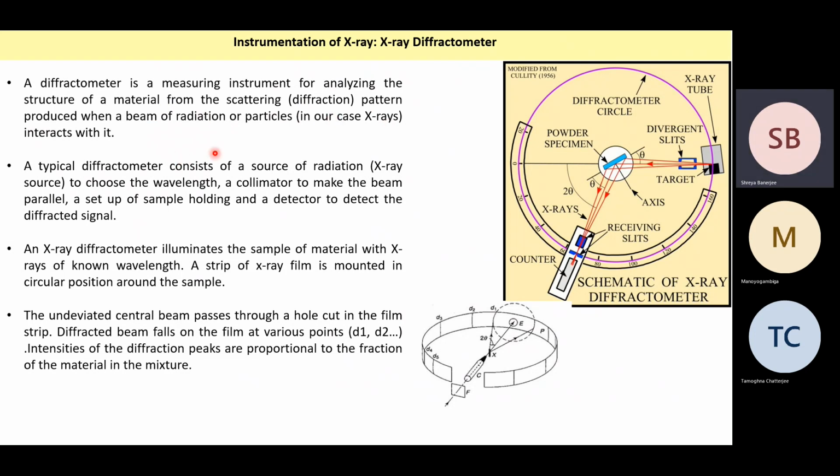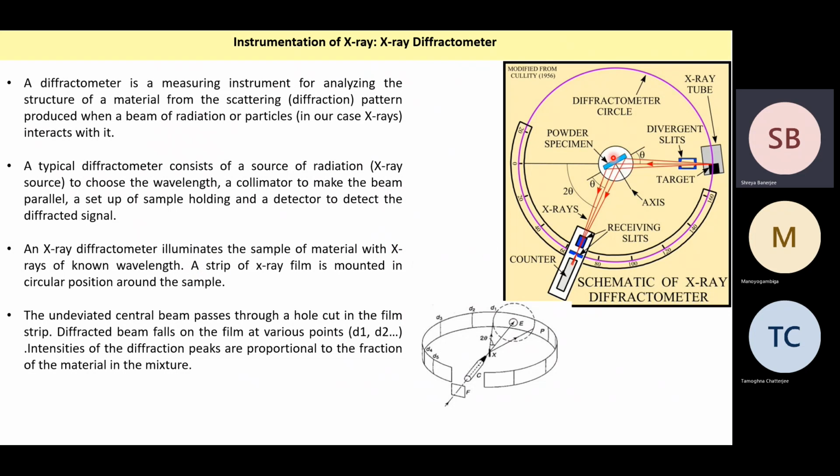A typical diffractometer consists of a source of X-ray to choose the wavelength, a collimator to make the beam parallel, a setup for sample holding like the goniometer that we studied in the previous class, and a detector to detect the diffracted signal.